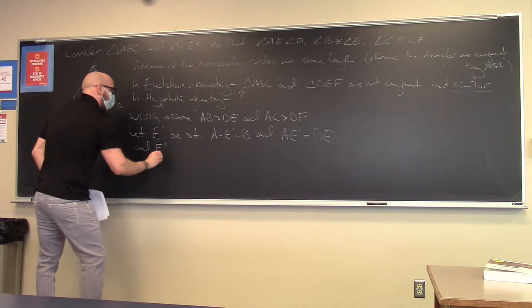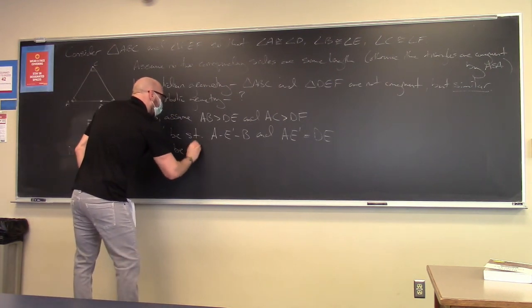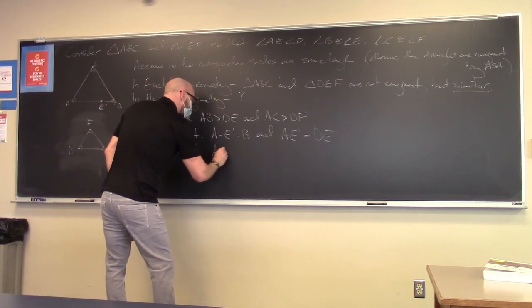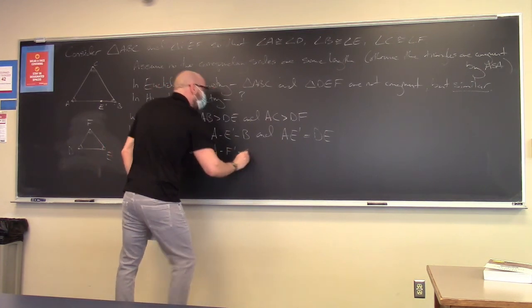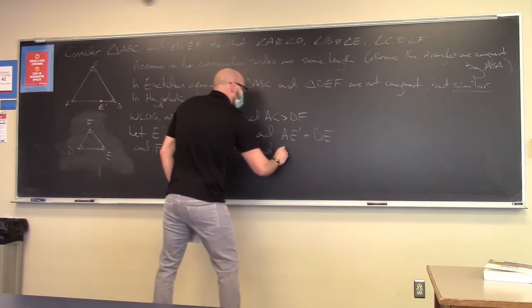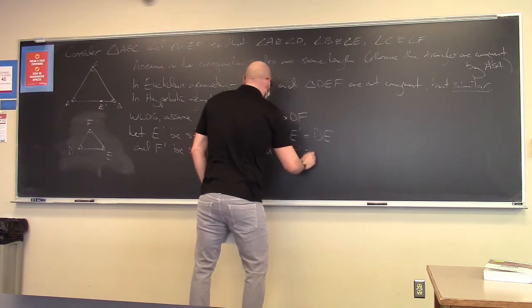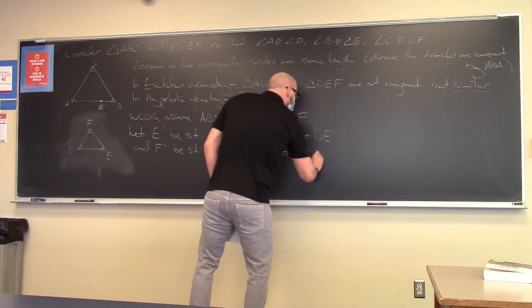And we'll let F prime be such that A, F prime, C are collinear, and so that AF prime is equal to DF.